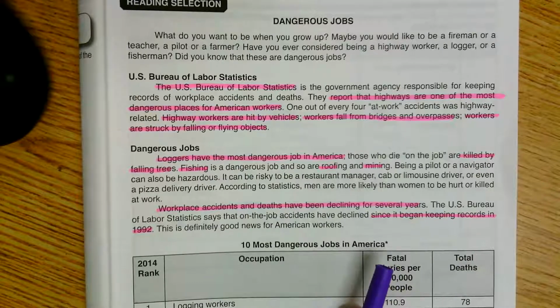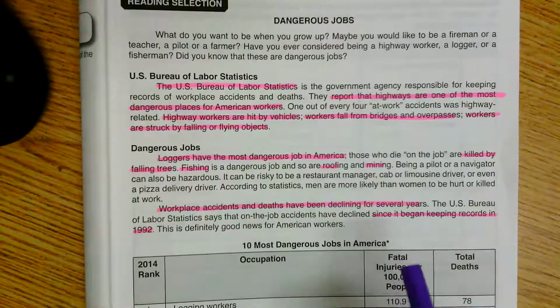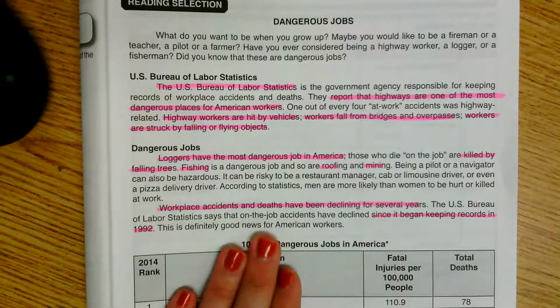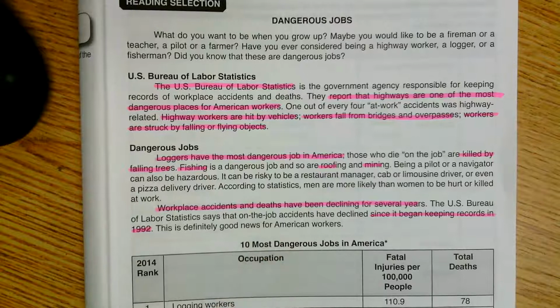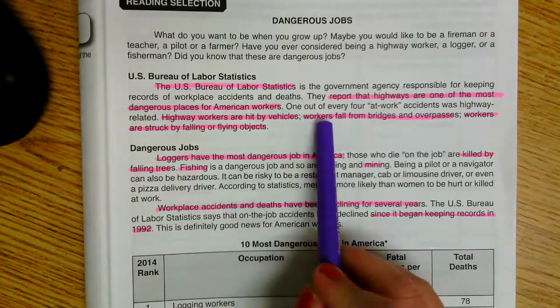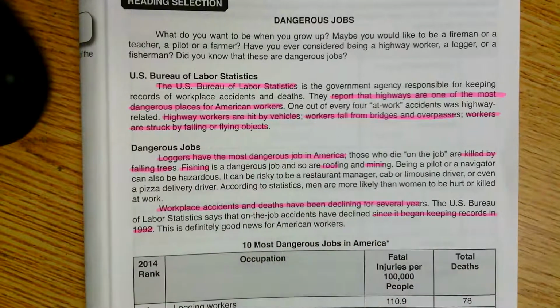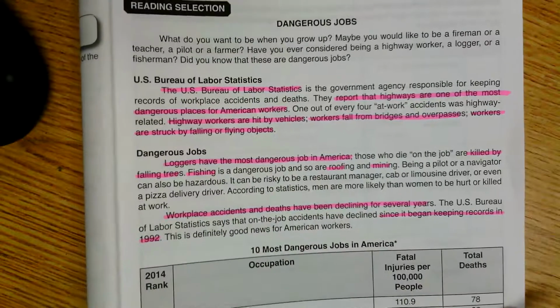And to do that, you've got to pull facts and information from other sources. So my paragraph that I'm going to write today is going to be based on this article on dangerous jobs. So the highlighted pieces of text will be the details or the text evidence that I'm going to use to explain dangerous jobs in my writing. So I'm going to move this to the side.